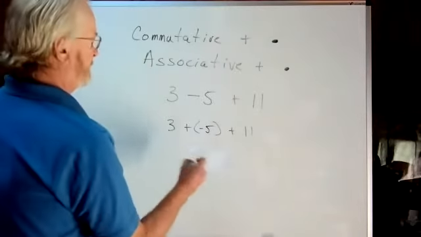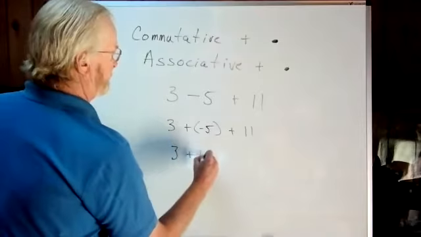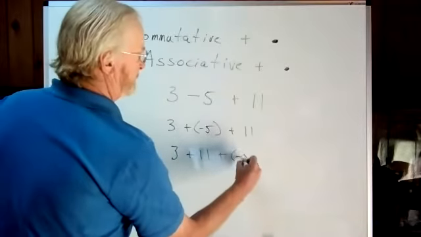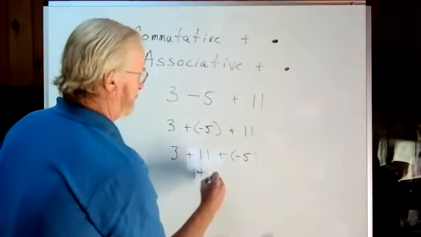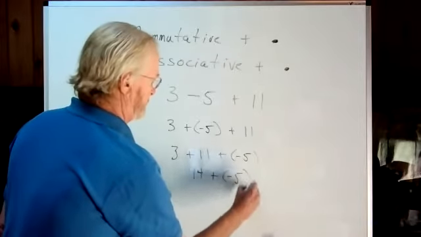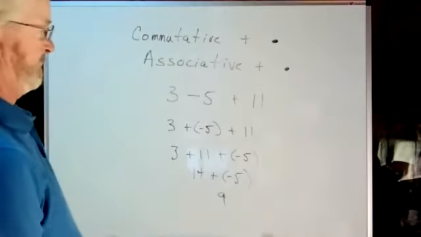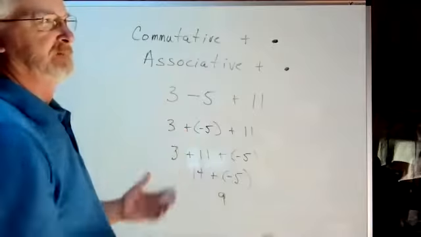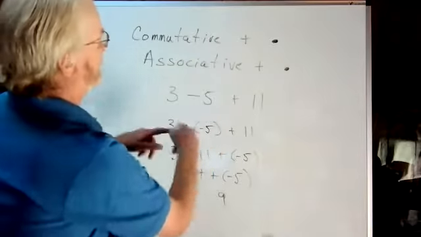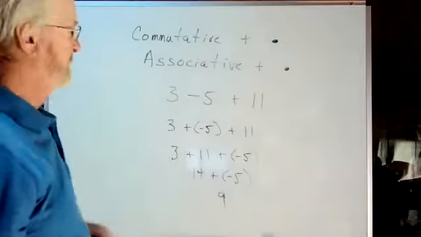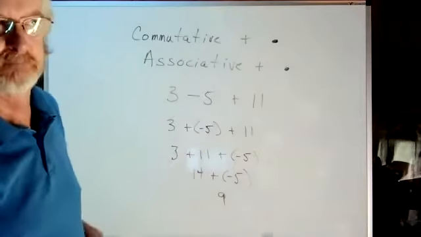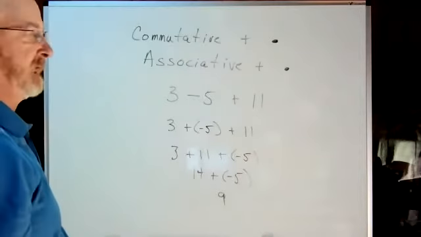So I could use commutative and say I'd rather do 3 plus 11, and then add the -5. I can add these two together first and then subtract the 5, because I can interpret it that way. That's just using the commutative property.